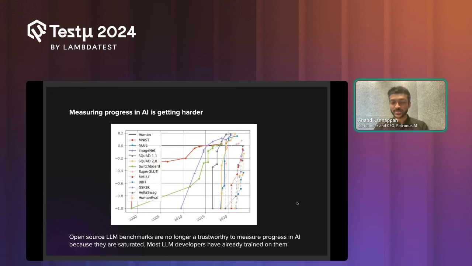But the problem with open sourcing benchmarks is that there are LLM developers out there that actually go ahead and train on those high quality benchmarks and data sets. I would say that training on an evaluation test set is exactly the thing you shouldn't do when we talk about ethics in machine learning.